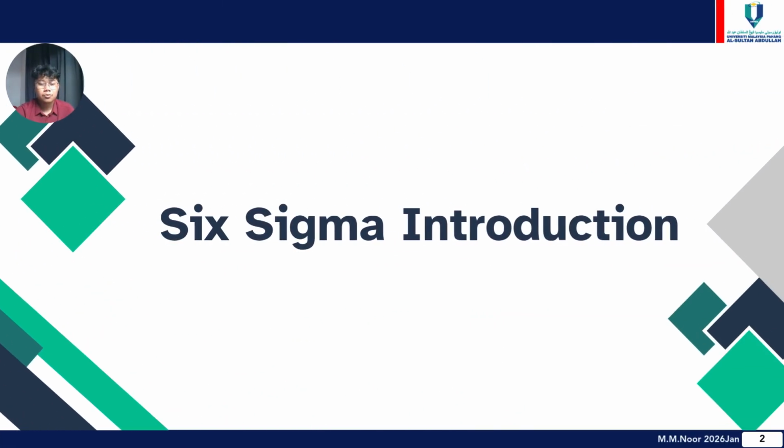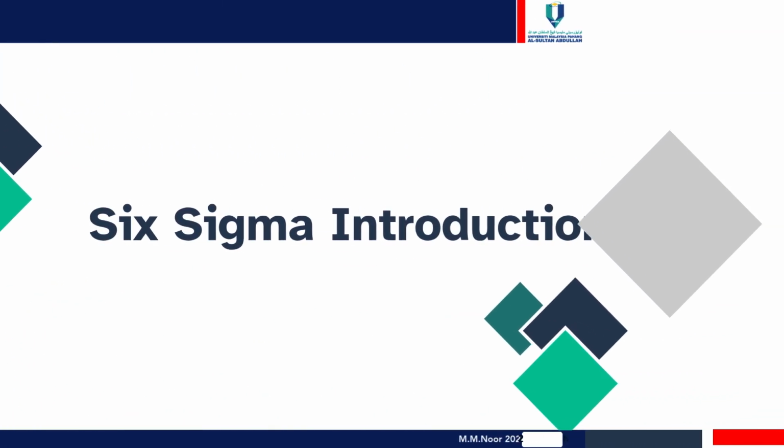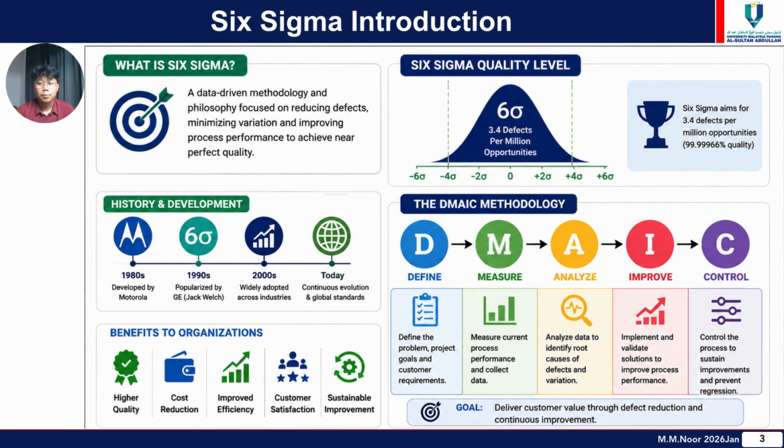Okay, let's go through the Six Sigma introduction. Before we discuss DMAIC, let's first understand what Six Sigma is and why it is important to quality management. Let's focus on the left side. On the left side, we can see the definition of Six Sigma.